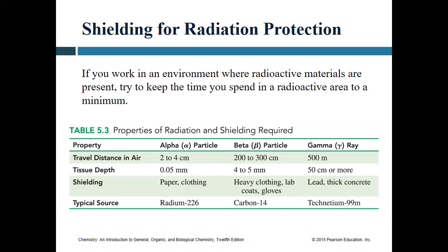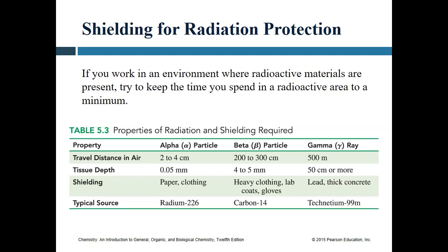Shielding for that, we talked about already. Carbon-14 is a common place where we find that. Carbon-14 you probably know best if you've ever heard of radiocarbon dating, how we test artifacts to figure out how old they are. That's the source. That's what we use for that.